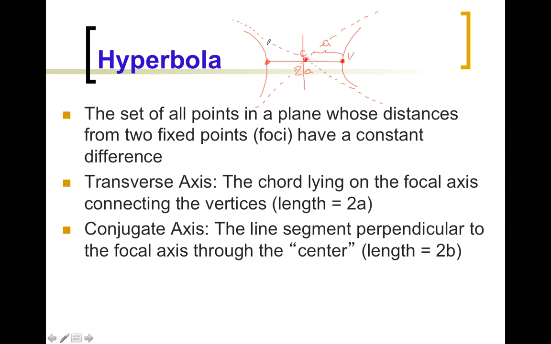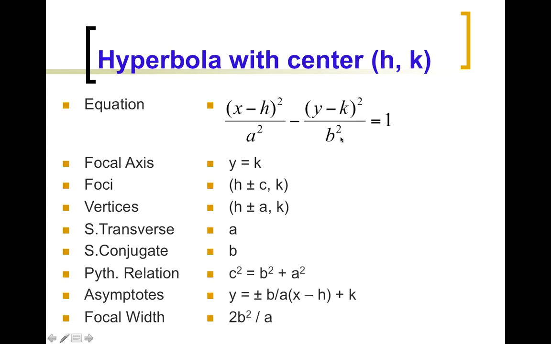And what's nice is that this creates a little box right here, and you can use this box to draw your asymptotes. I'll go through that a little better on the whiteboard.